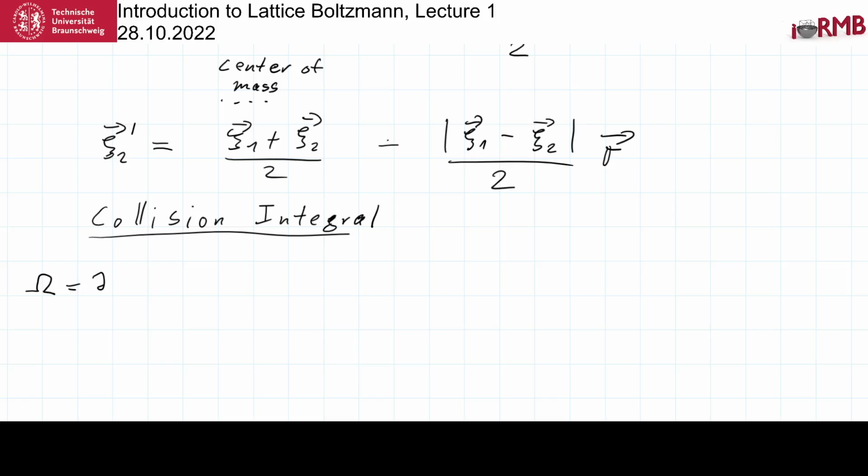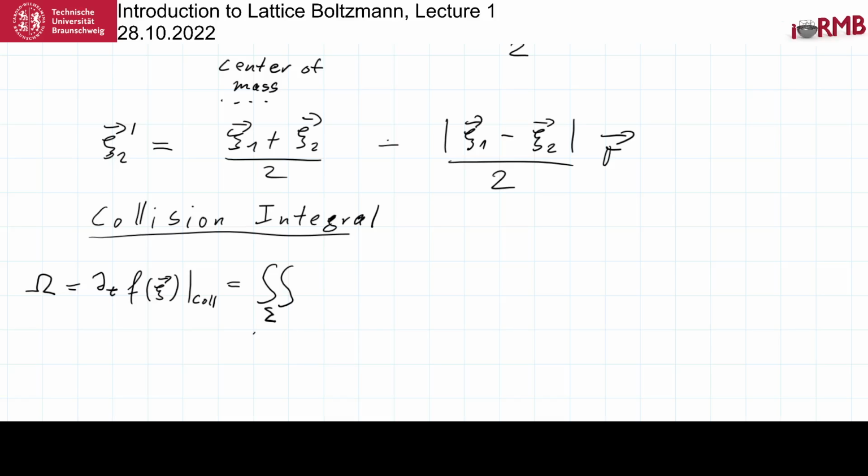So the collision integral can also be expressed as a time derivative of the distribution f for only the collision, no advection. So this is the time derivative of f due to collision, and this is now a double integral over capital sigma.